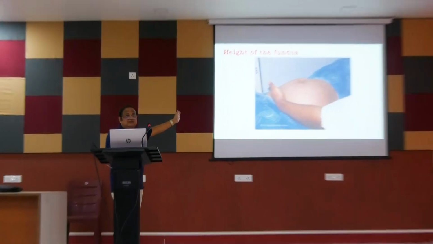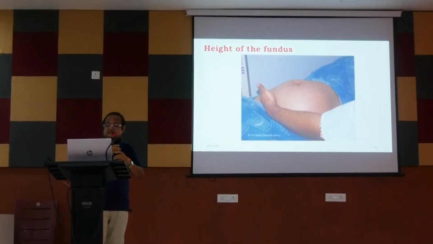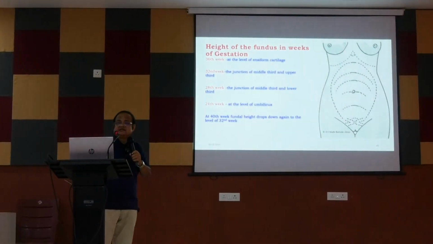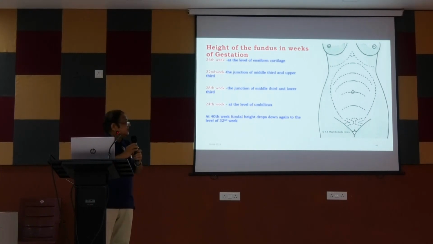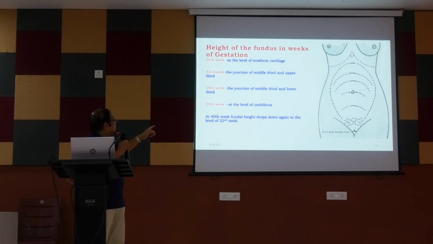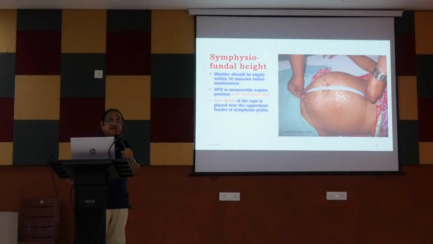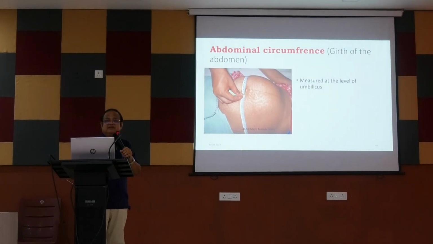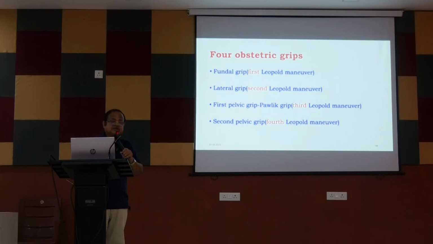Height of the fundus, your hand will be above the fundus after centralization. These are the different marks: 36 weeks, 32 weeks, 28 weeks and 24 weeks. Symphysiofundal height is measured with the tape, and abdominal circumference at the level of the umbilicus.